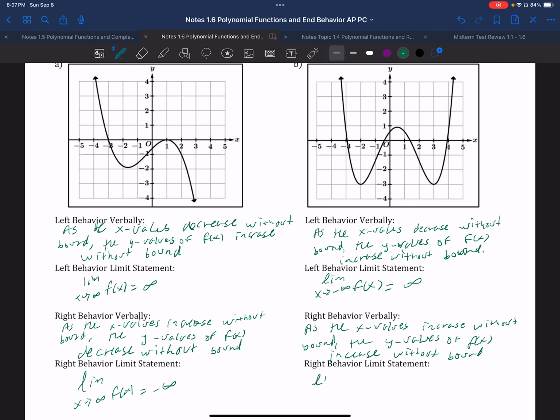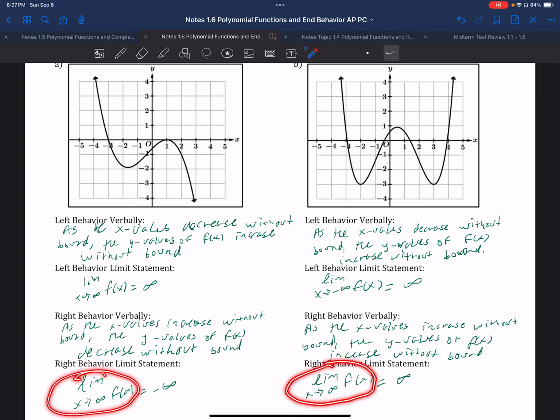In limit notation, the limit as x approaches positive infinity of f of x is equal to infinity. Like I said before, for the right behavior limits, all of them will have the same thing on the left side, and then the right side will be your actual answer. What are my y values doing at that specific point?